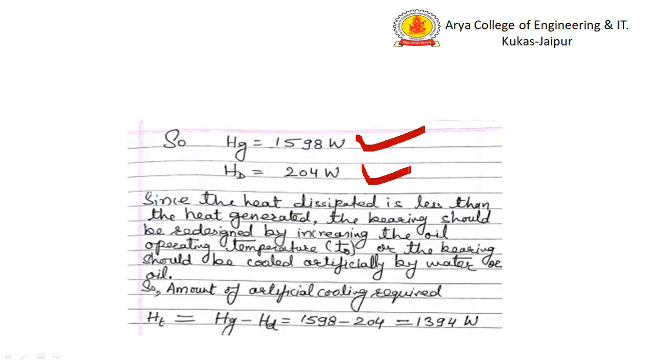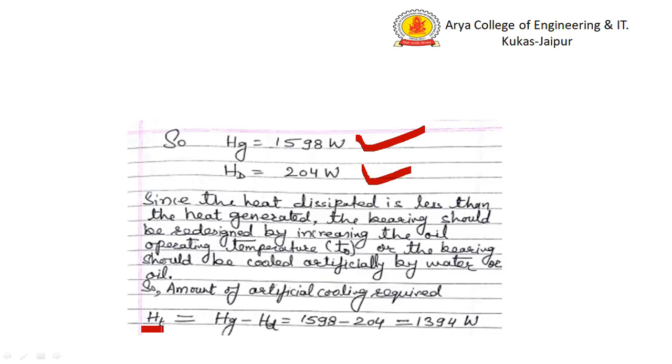Since the heat dissipated is less than the heat generated, the bearing should be redesigned by increasing the oil operating temperature TO, or we can cool the bearing artificially by water or oil. Let us take the second solution, cooling the bearing artificially.